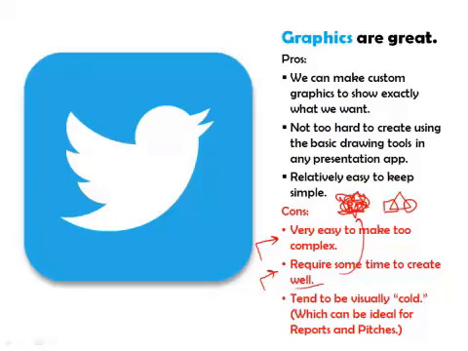And graphics, by definition, because they tend to be made almost mechanically or appear to have been made by a machine, tend to be visually cold. Now, if we want to give a presentation where we want to be really human, that can be a problem. If the intent of our presentation is to be very buttoned up and very professional, perhaps that coldness is exactly what we want. And we might find that's true typically in reports and pitches.